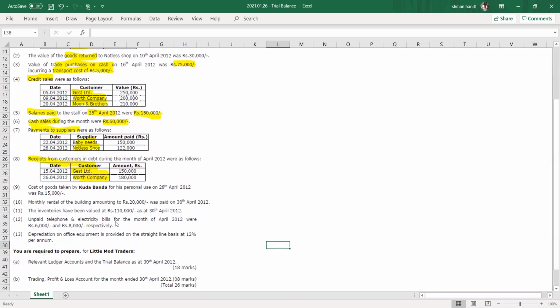Then we also have cost of goods taken by Kudabanda for his personal use. So this is drawings, 15,000. Monthly rental of the building, 20,000, was paid on 30th April 2012. Inventories have been valued at 110,000. This is the closing inventory. Then we have unpaid telephone and electricity bill. This is accrual. Depreciation, 12%.